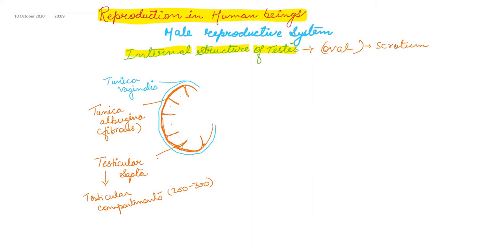Inside this testicular compartment, there are coiled tubes present. This coiled tube is known as seminiferous tubule.